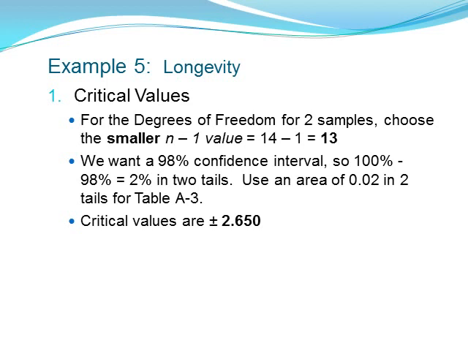We want a 98% confidence interval, so we subtract that from 100% to find the area in two tails. This gives us 2%, which is 0.02. So we want to go to the 13th row and go under the mark at 0.02, and we find that the critical values are plus or minus 2.650. This value would be the t sub alpha over 2 number for the confidence interval estimate formula.